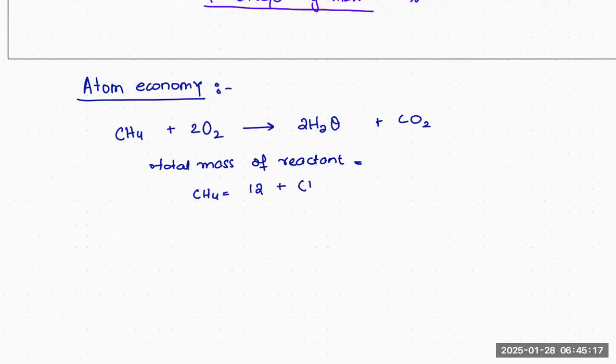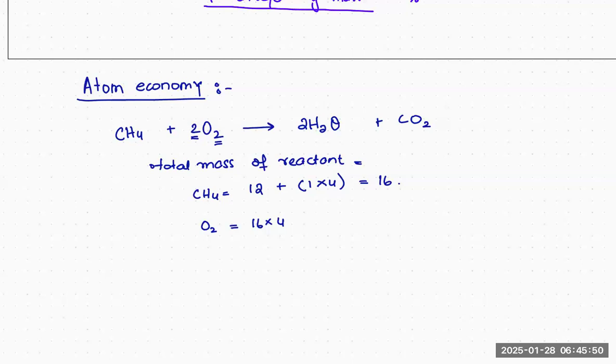Then we have oxygen. There is a total of 4 oxygen. Can you guys see over here? One oxygen is 16, right? So we will multiply by 4. That will give us 64.